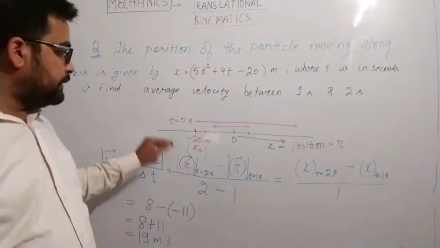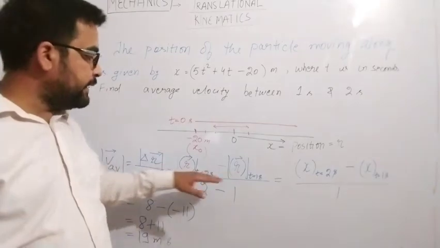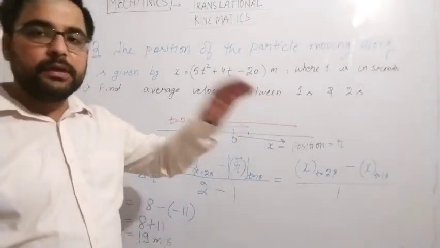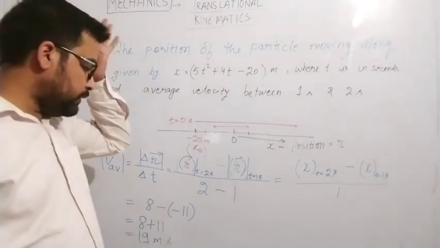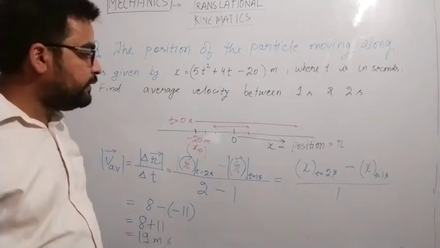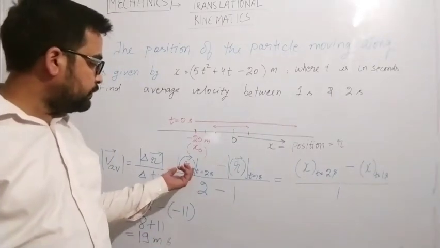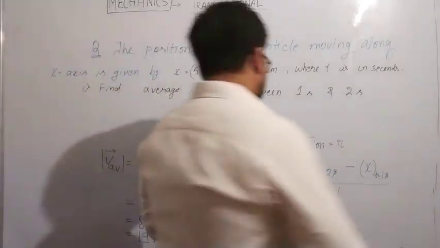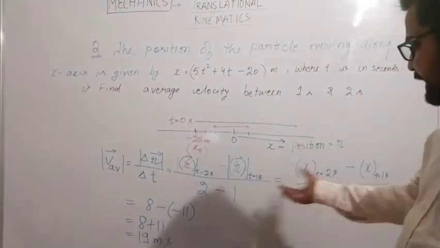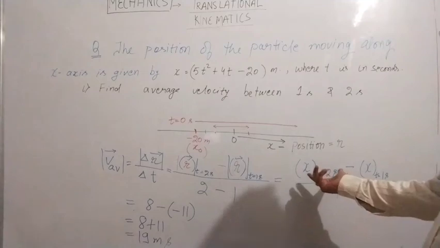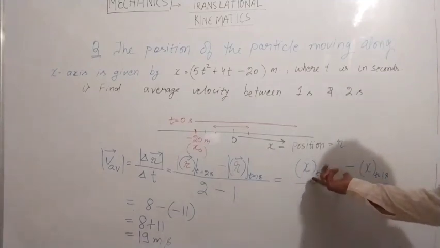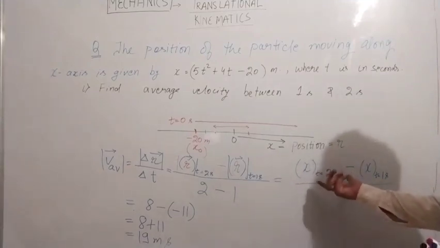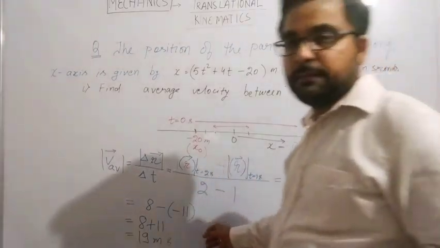As the body was moving along a straight line in one direction only, we have to deal with only the magnitude, right? We are not required to tell the direction here, right? And finally you put the values and get the answer, right?